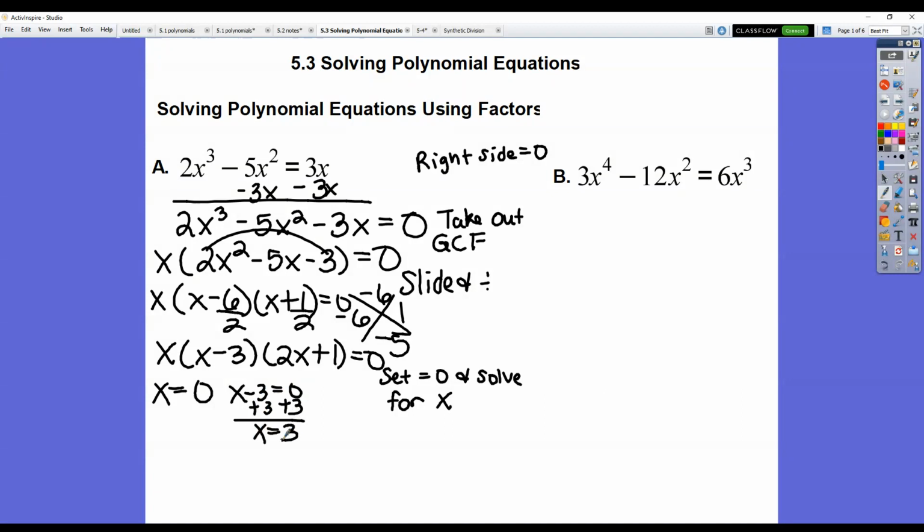X equals 3 is a factor. Okay, so there's your answers.